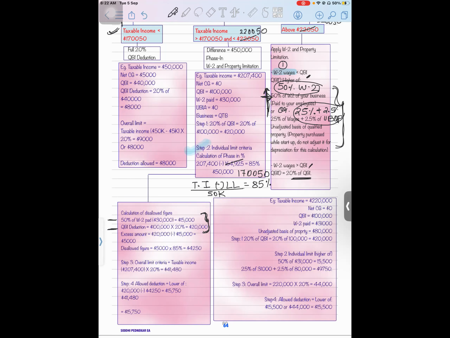So my excess QBI deduction is 20,000, which is 5,000 extra. From this excess, I am going to disallow this 85%, that is 4,250, and reduce it from my total QBI deduction.